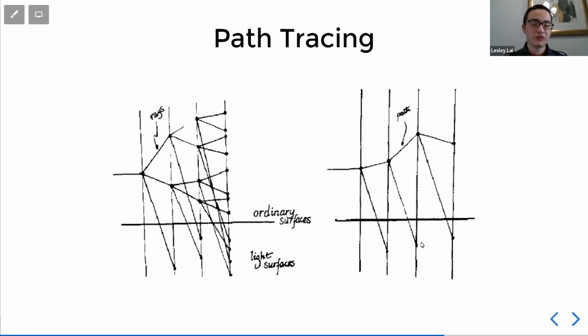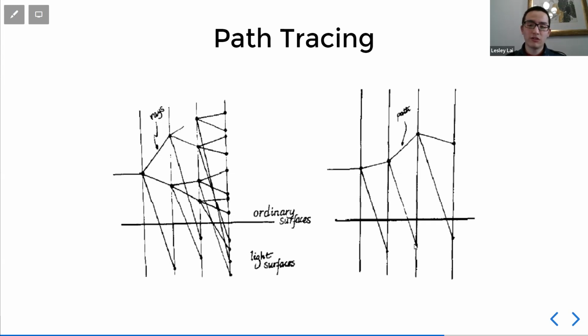And compared to the previous ray tracing method, where we send the reflection and refraction rays at each surface, we instead always send just one ray, either reflection or refraction, chosen by some probability. So we have this one uniform path.